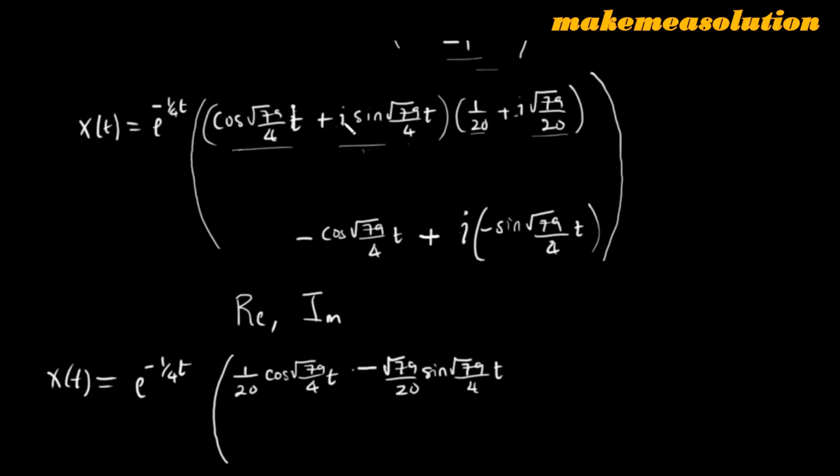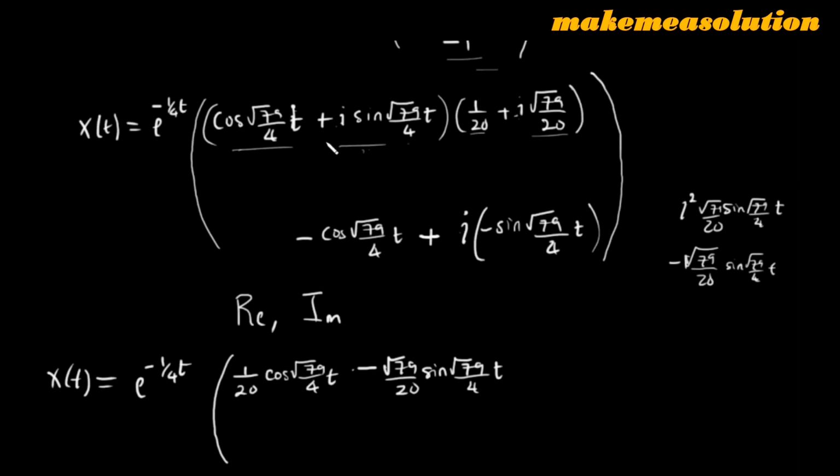Okay, so I times I is an I square, then this term is root 79 over 20, and you now bring your sine root 79 over 4t. Okay, so this I square becomes minus 1, and you now have minus 1, then root 79 over 20, then sine root 79 over 4t. So that's how I got this term over here.